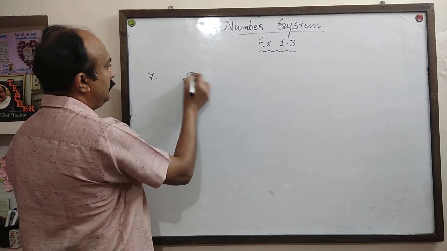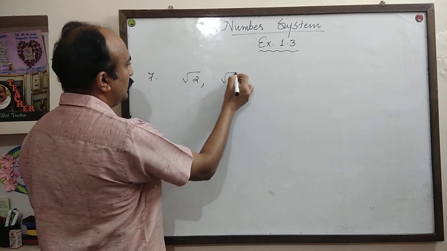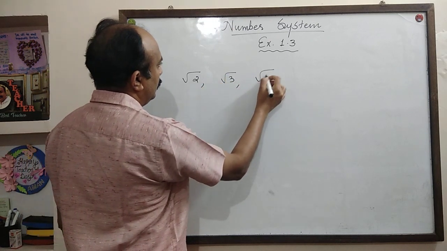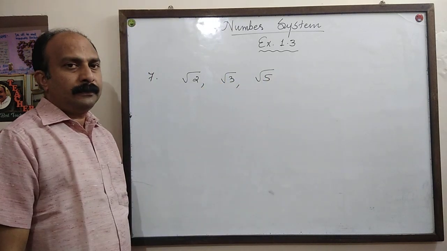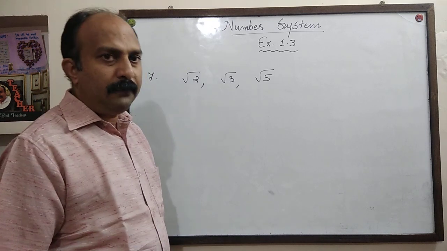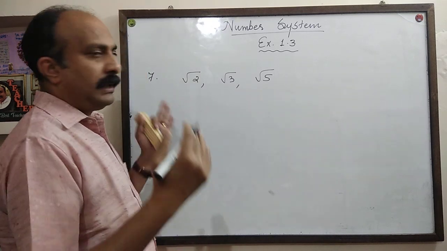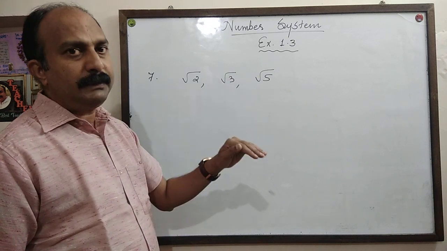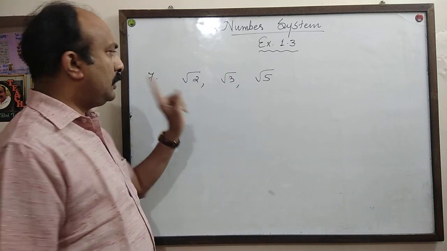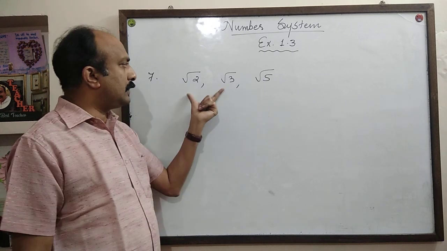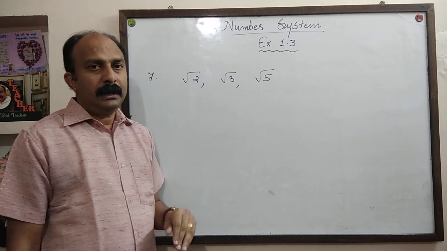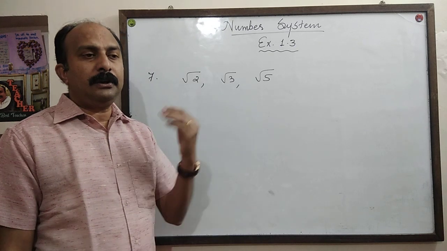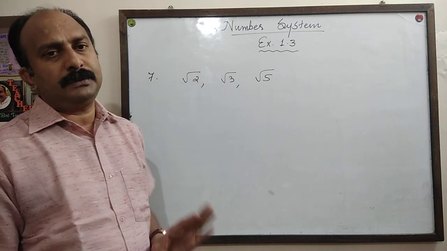So the numbers can be root 2, root 3, root 5. Or in decimal form we can write, I am giving you the answer in both forms. These are the numbers whose decimal expansion will be non-terminating, non-recurring because they are irrational. Now I am writing exactly those non-terminating, non-recurring forms.